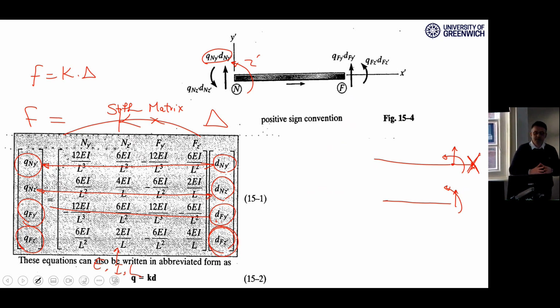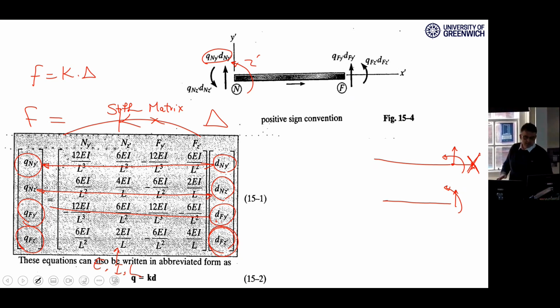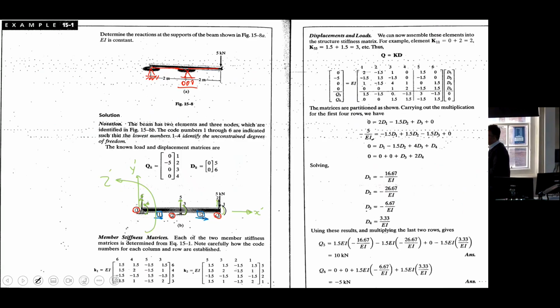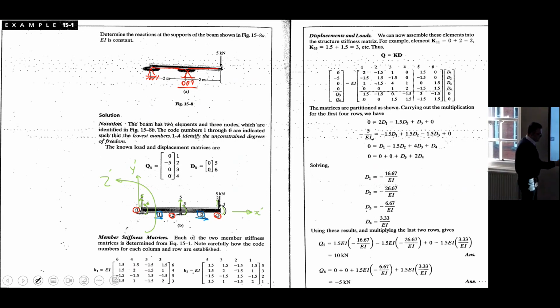Just, we want to repeat this 4x4 matrix for element number 1 and element number 2. Just be careful about what degrees of freedom they should be accounted for. For example, here, K1 is the stiffness matrix, that 4x4 stiffness matrix, for element number 1.